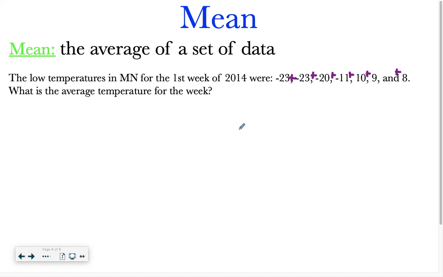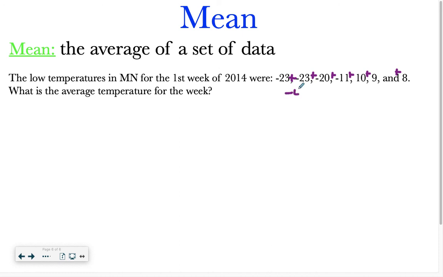When you add all of those together, and when you have a ton of numbers like that, I'm okay with you using a calculator. Like, that's fine. If I were to talk through it, -23 plus a -23 is -46.